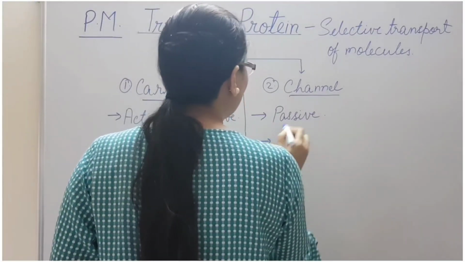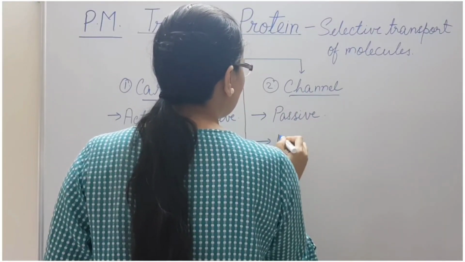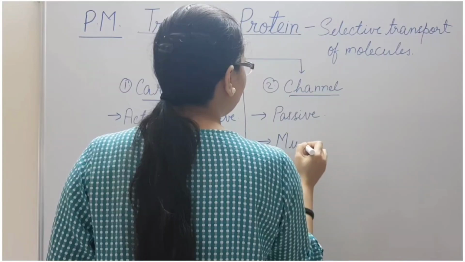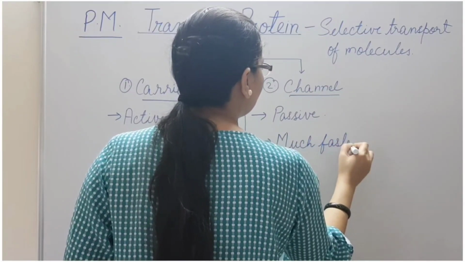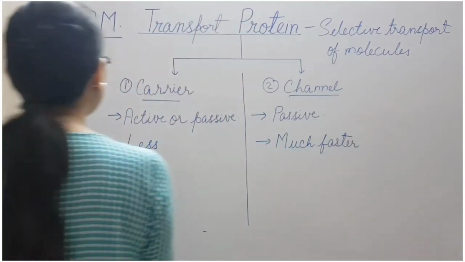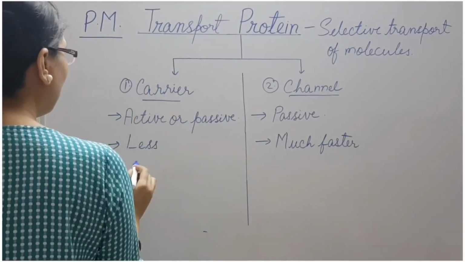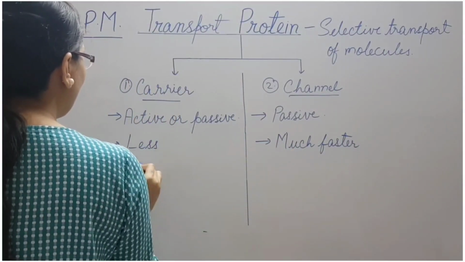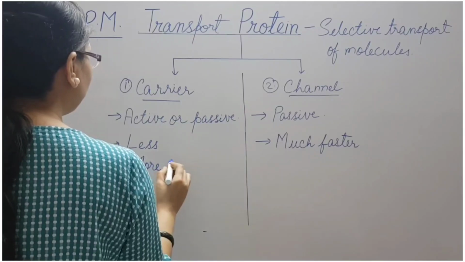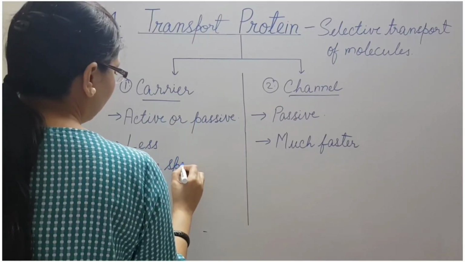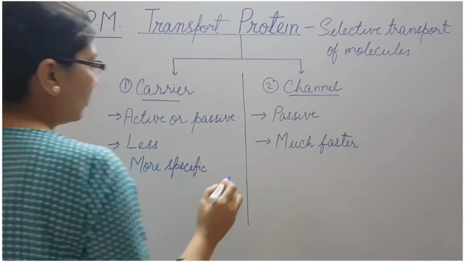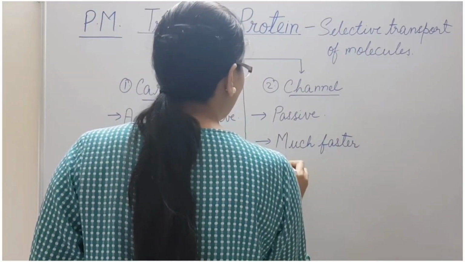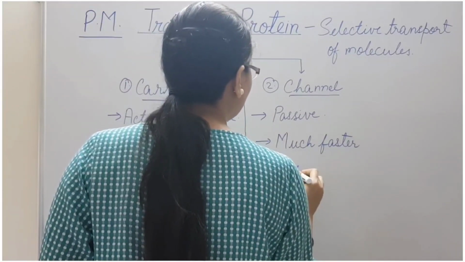In case of channel protein, rate of transport is much faster. Transport through carrier protein is more specific. Transport through channel protein is less specific.